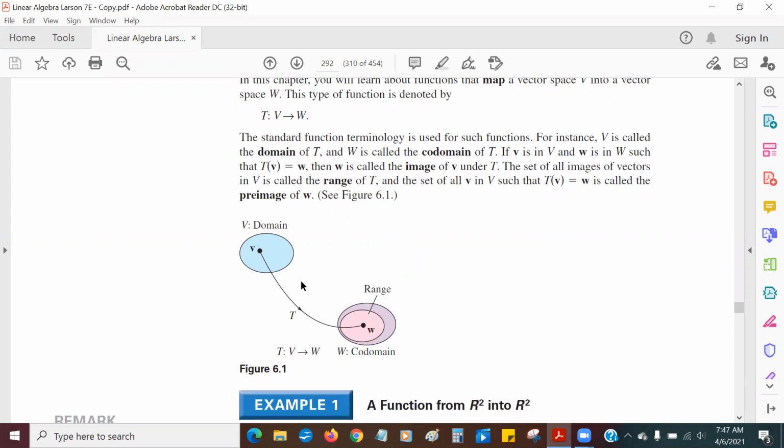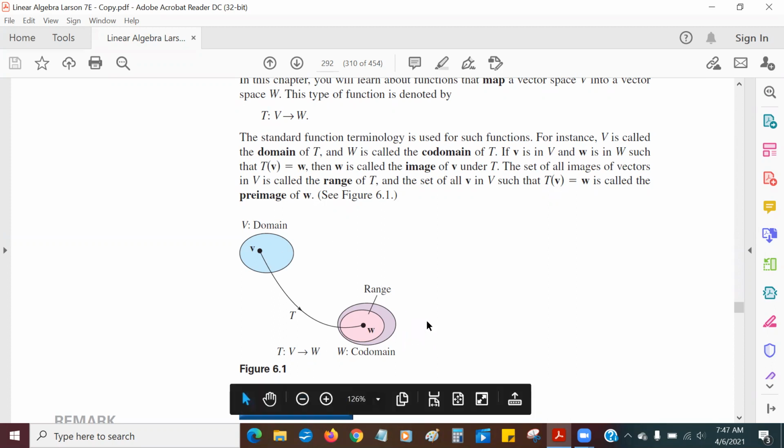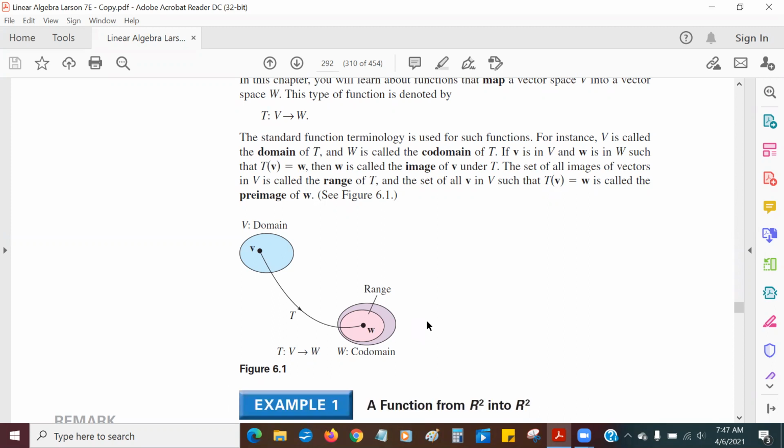The domain might be R3 and the range might be M22, or the domain might be P7, polynomials of degree less than 7, and the range could be whatever. It could be a set of continuous functions, or who knows what. So the domain and the range may have nothing to do with each other in a sense. They'll be totally different worlds.